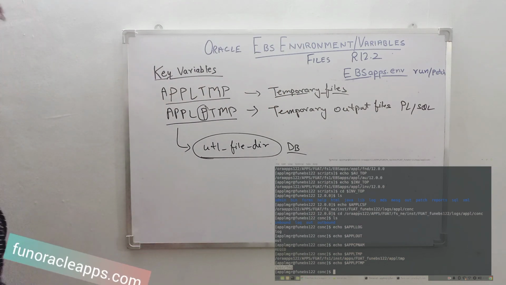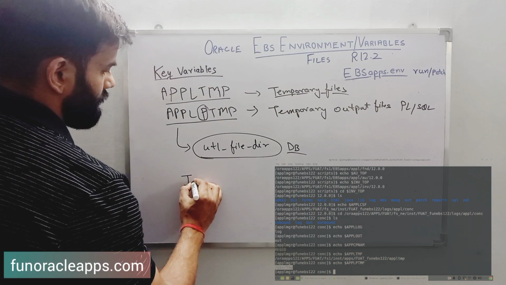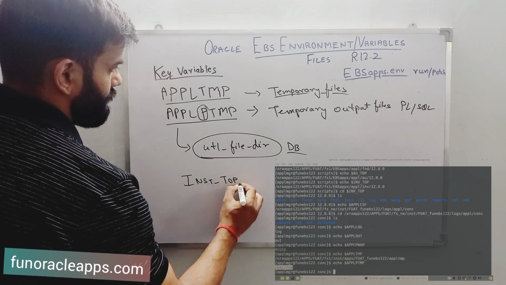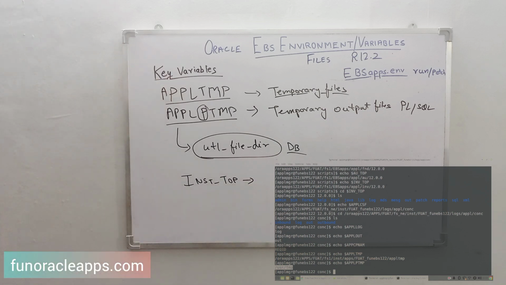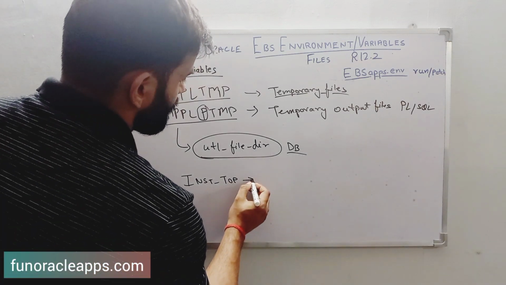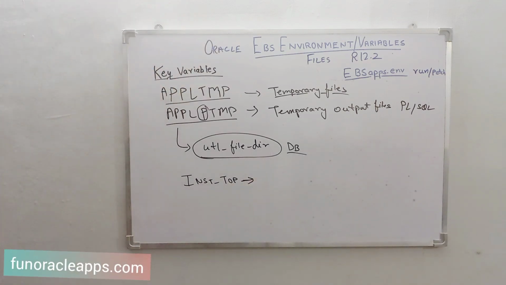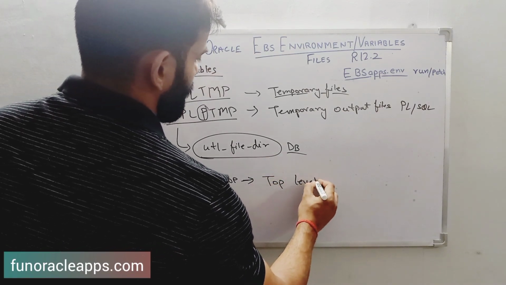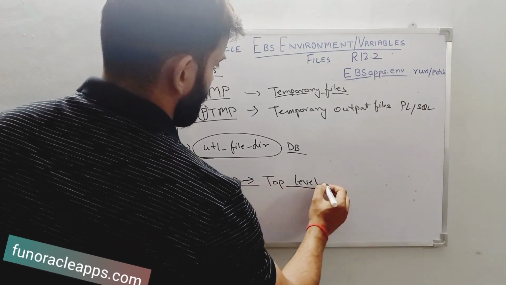Then one more I will cover here only, INSTANCE_TOP. This is a top level directory for the configuration files and specific setup in a single location, for all the configuration files and log files.